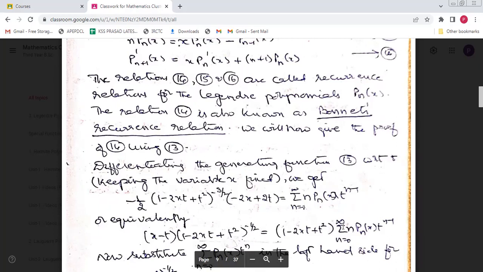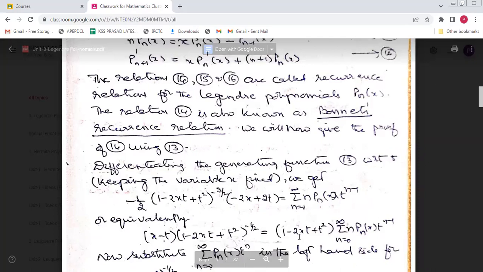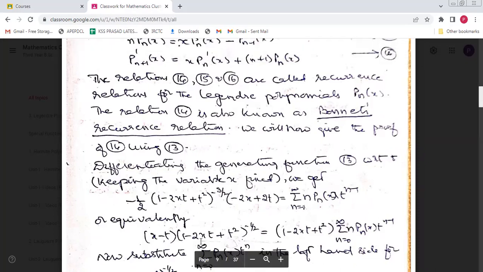సో ఇక్కడ 2 కామన్ తీస్తే 2 క్యాన్సిల్ అవుతుందండి. x - t ఉంటుంది ఇంటూ 1 - 2xt plus t² whole to the power of -half అవుతుంది.